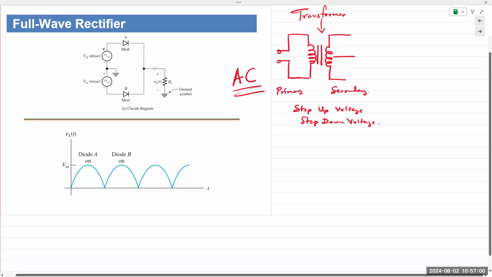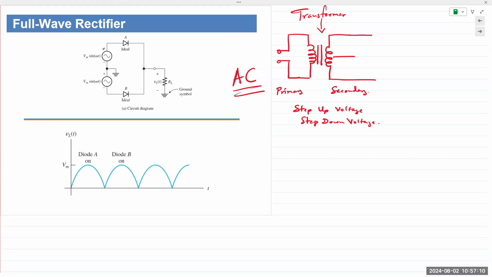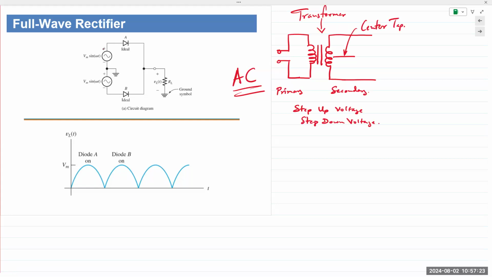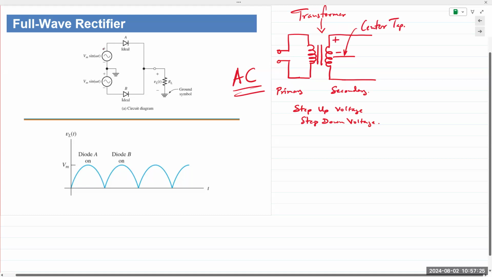And then there is a center tap transformer. So you have multiple coils, and depending on the number of turns, you can have different output voltages. So this one is a center tap transformer. And what it does is it splits the secondary coil into two parts, plus minus and plus minus.